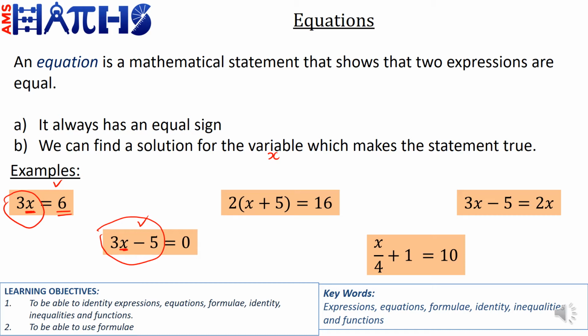Okay, we can find in this equation a value for x where 2 times (x plus 5) will be equal to 16. And so we have two expressions, one on the left, one on the right, which are equal. So we see there's always an equal sign in our equation, and then one expression is on the left, one expression is on the right. Okay, and that's what makes our equation.